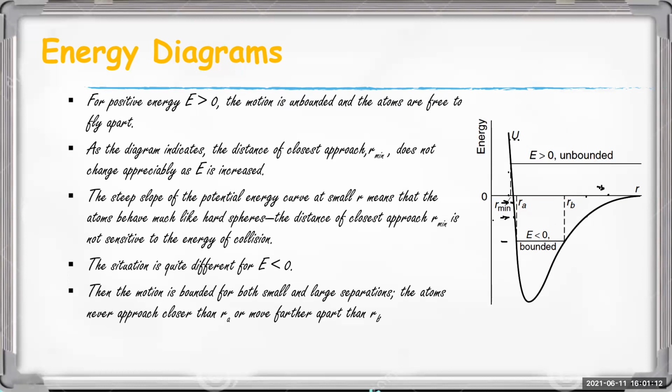So it is a bounded one. If E is less than 0, it is bounded and the atoms never approach closer than Ra or move farther than Rb.